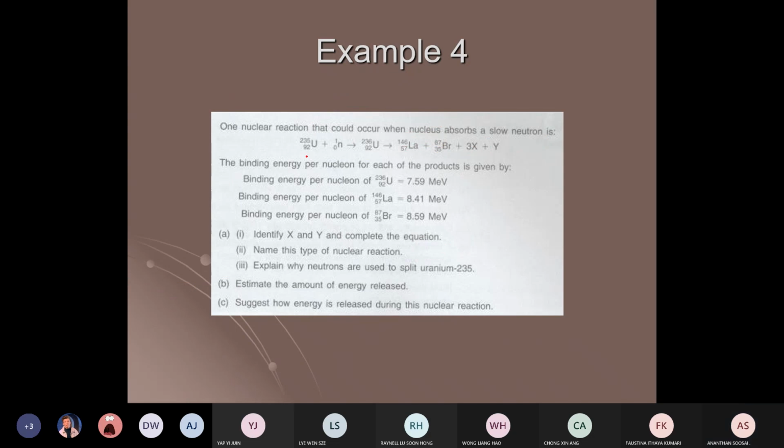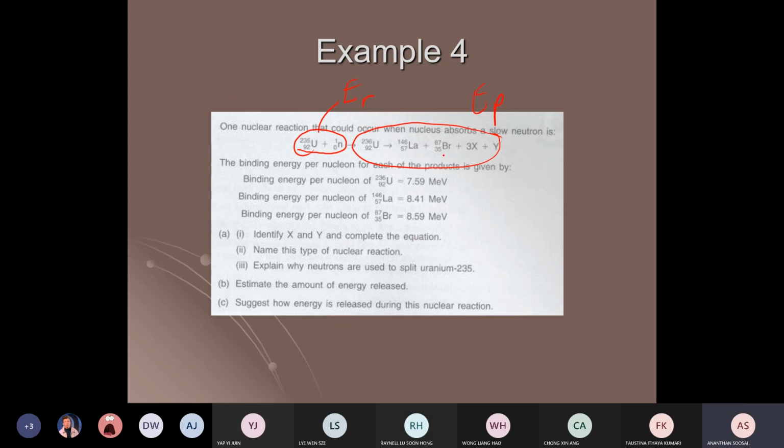Find the total binding energy of the reactant first. Then find the total binding energy of the product. What I told you earlier: is the total binding energy of the reactant greater, or the product?